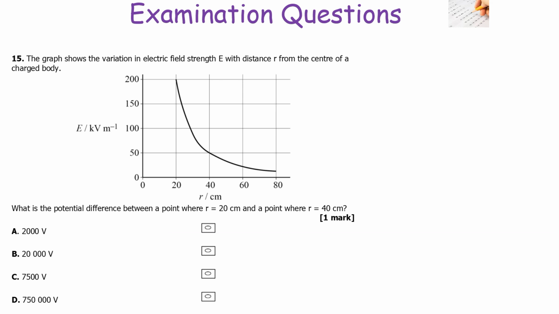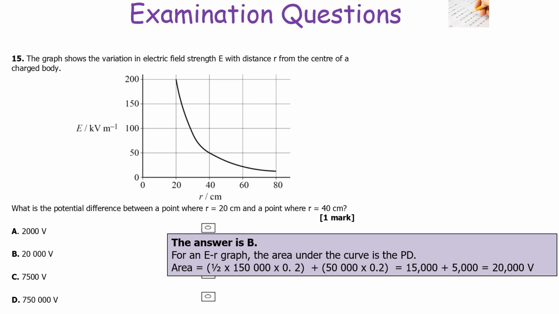Right, our answer is going to be B, because you should be aware that in an ER graph, the area under the curve is the potential difference. Now therefore we've got to work out our area from 20 centimeters to 40 centimeters. So what you can do is work out the area underneath by splitting it up into a triangle and a rectangle.